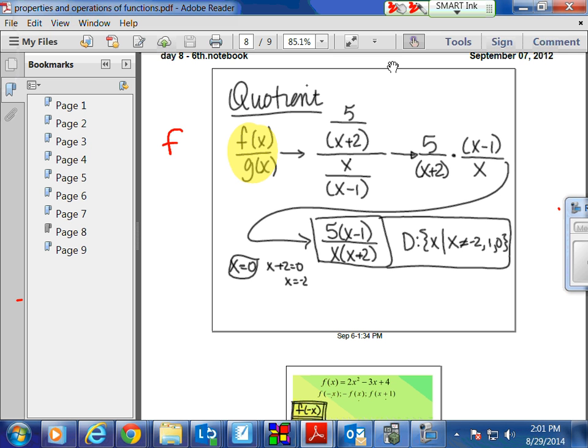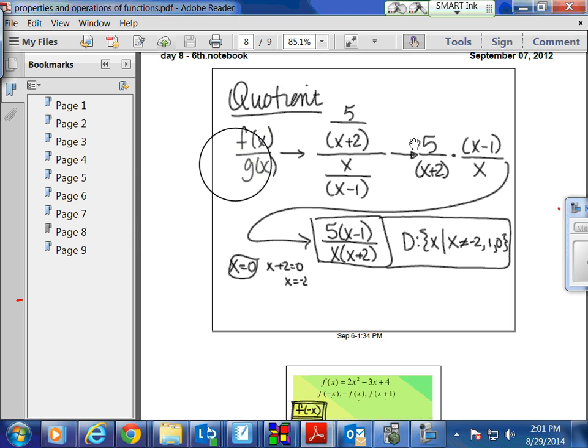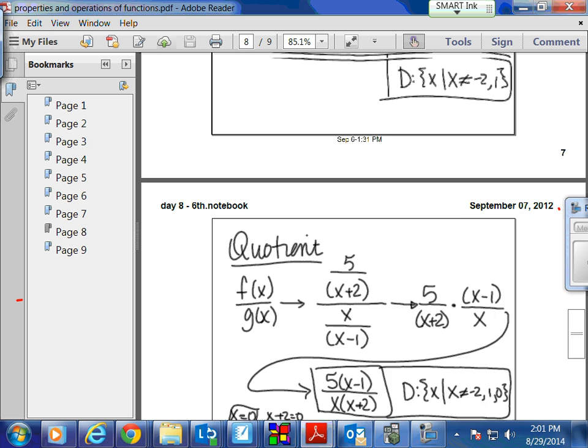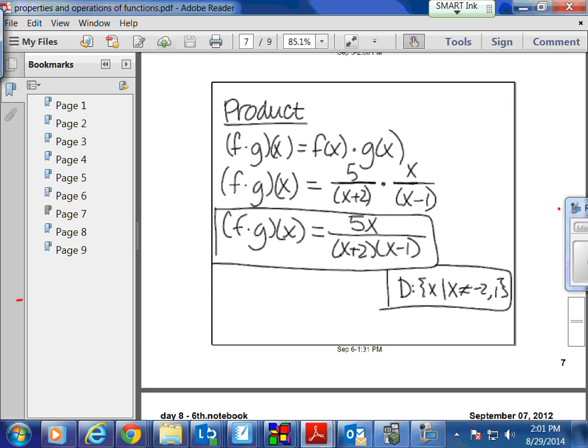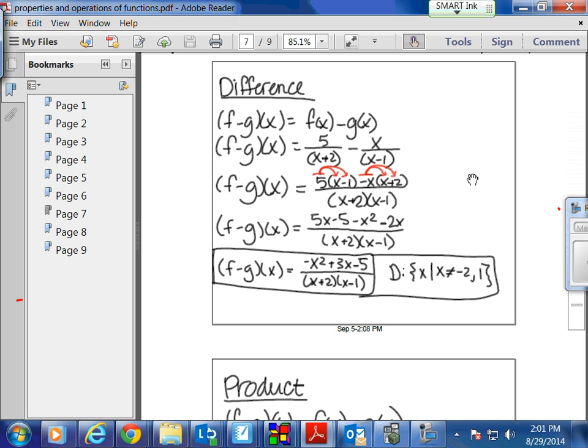I'm showing you the quotient. I have to show you the subtraction notes on this one. So let's go ahead and go back on this. Let me erase this, and then I'll go ahead and show you what the subtraction is. What does subtraction look like, the difference of them?